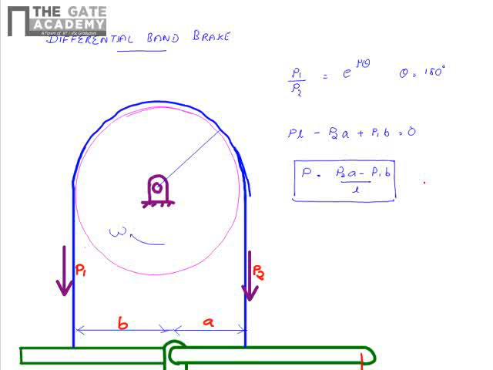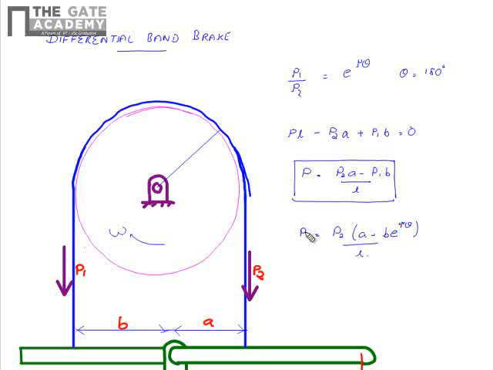Substituting this equation in this, we get P equals P2 into (A minus B e power mu theta) divided by L. Therefore, as we have seen in the drum brakes, here also P is the actuating force.